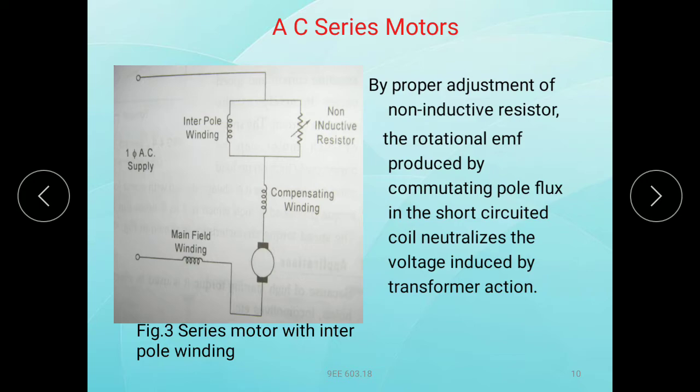Once again, by proper adjustment of this resistor, the rotational EMF produced by the commutating poles flux in the short circuit coil neutralizes the voltage induced by transformer action.